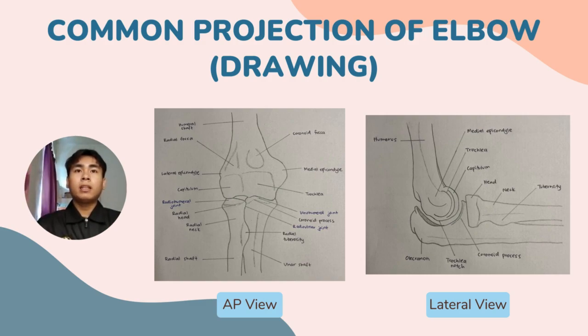Then the coronoid process of the ulna can be seen. Then the trochlea, capitulum, the trochlear sulcus, or the trochlear notch, and other parts can be seen in the lateral view of the elbow.